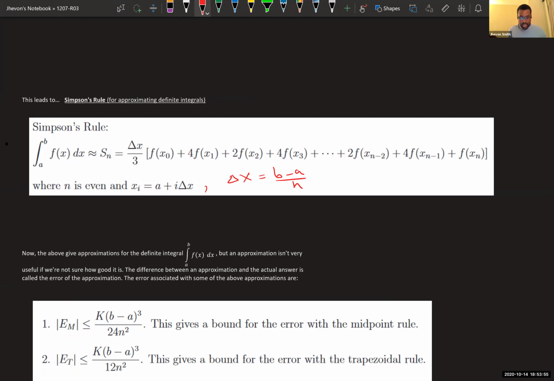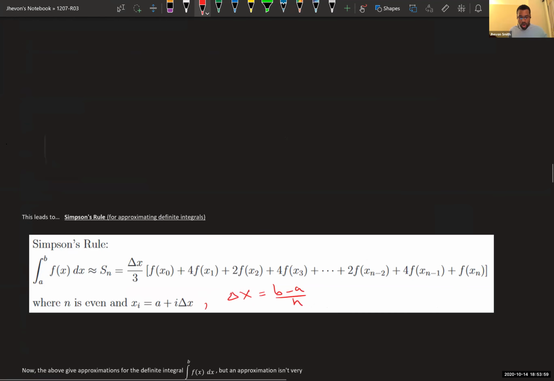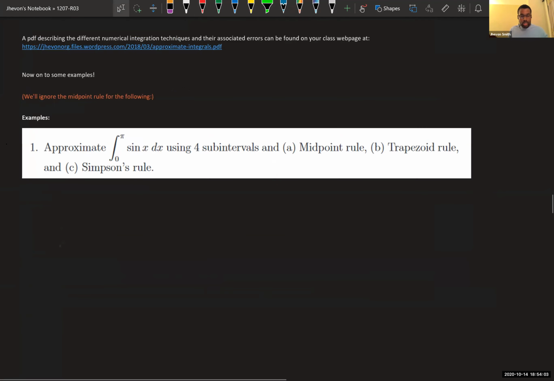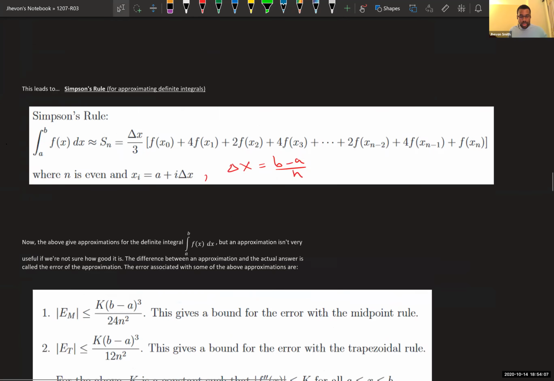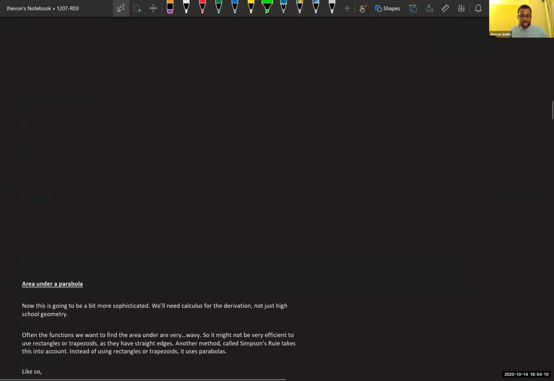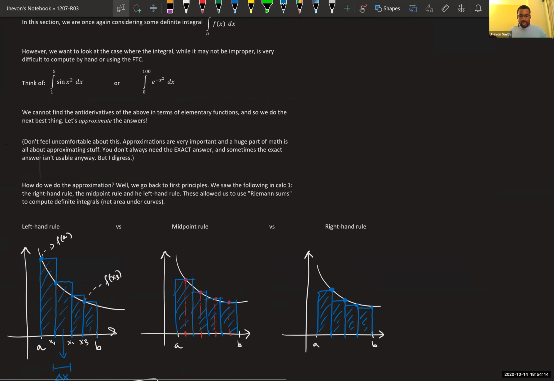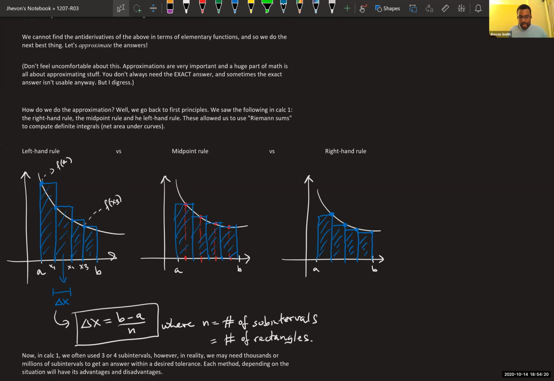I'll leave these in the notes, and tomorrow I'll talk about where this rule comes from, and then we're going to apply them to solving an example. So I'm going to show you 2 new strategies for approximating areas under curves, which can come in handy when we want to find an answer that we might not otherwise be able to find.